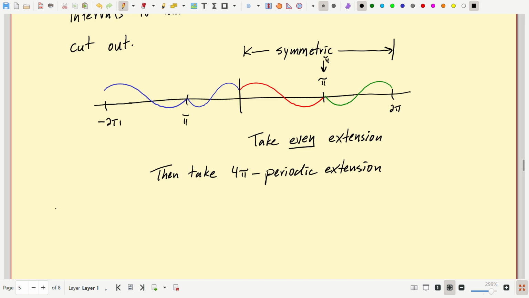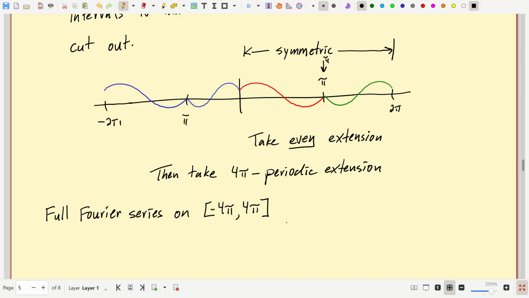And then the fact is that the full Fourier series on the interval from minus 4 pi to 4 pi, restricted to 0 to pi, has missing things. And it turns out it has just the right missing things.